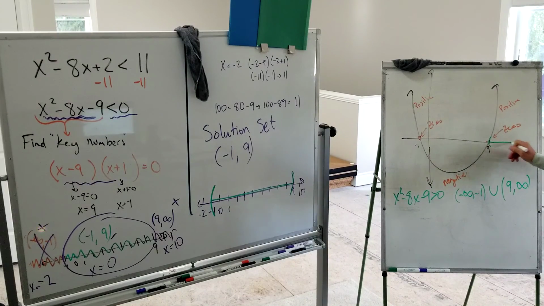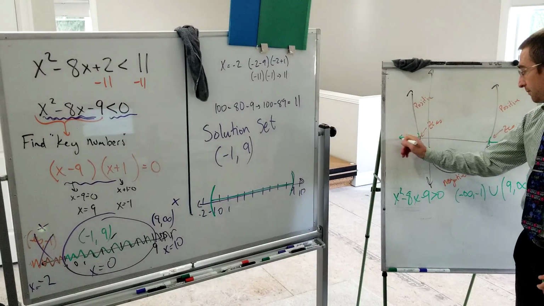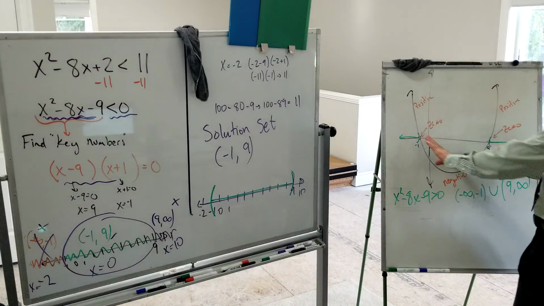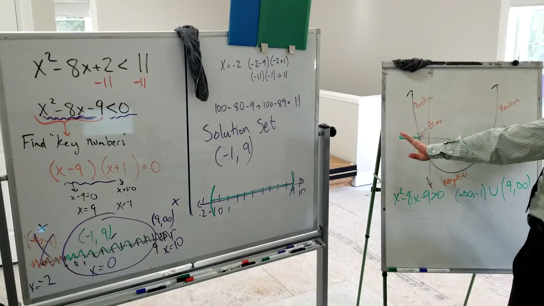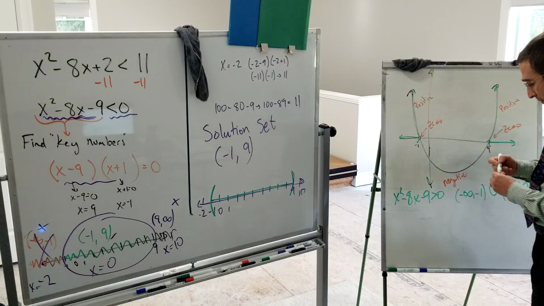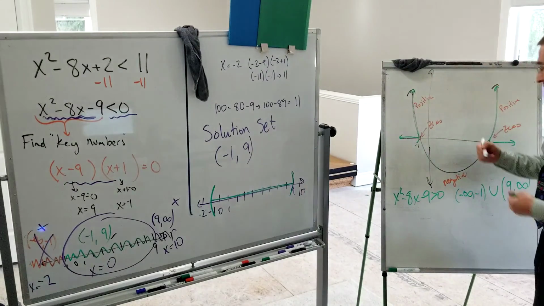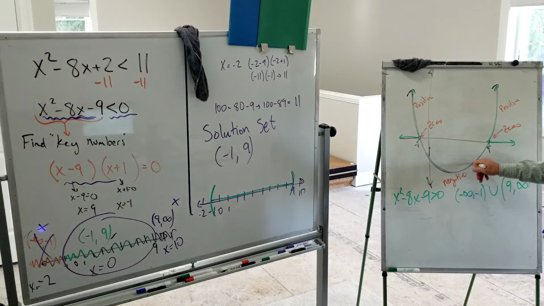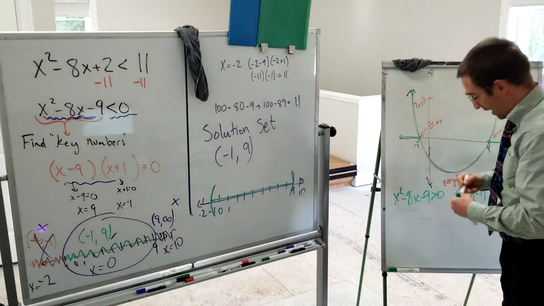Basically, it would be this part of the graph. So notice, from -infinity to -1 and 9 to infinity, our parabola is above the x-axis, and between -1 and 9, it's below the x-axis. So here it's positive, here it's negative.